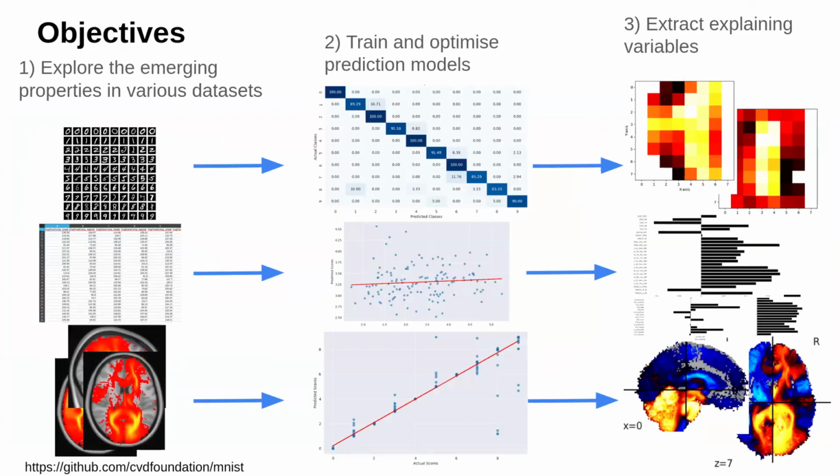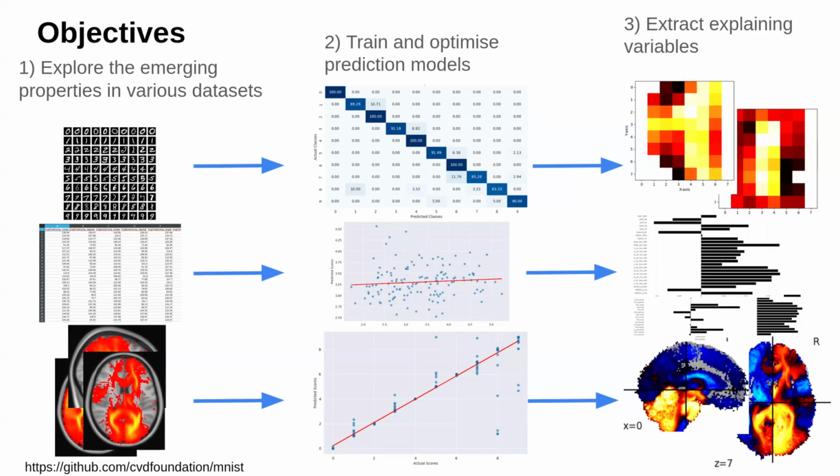So the objectives of EMUSES is to allow the use of many different types of data. It's not only for neuroimaging. The idea is that when you have a type of data that you can put into a matrix, one vector for each of your observations, it can go in EMUSES.